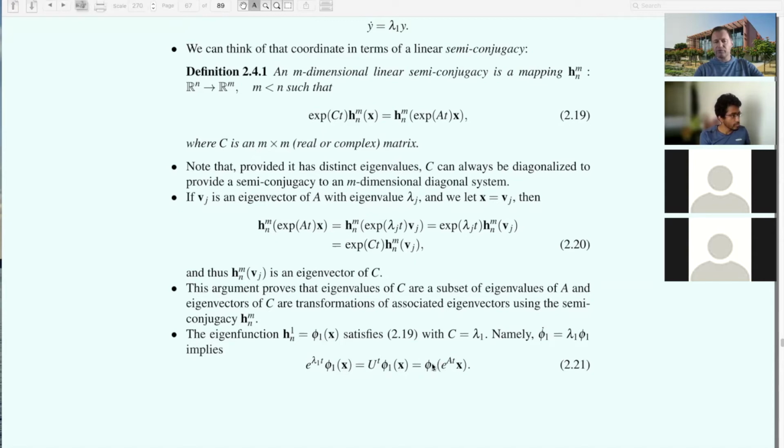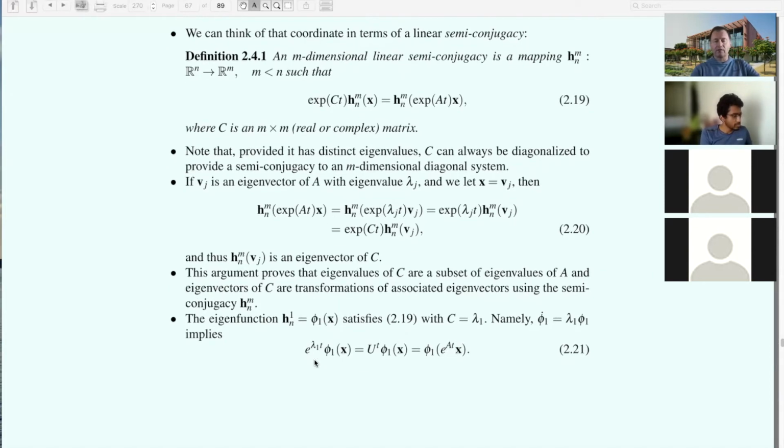But that is equal to phi1 composed with e^(At) x, because our original system was driven by the matrix A. So that proves that phi1 of e^(At) x is e^(lambda_1 t) phi1. In other words, this relationship is satisfied with H_n1 being phi1 and C being just the scalar lambda 1.